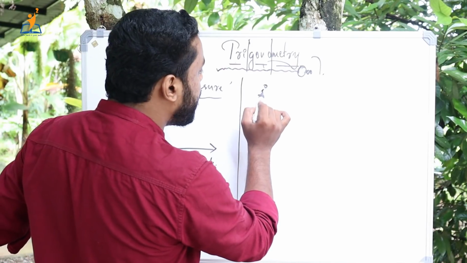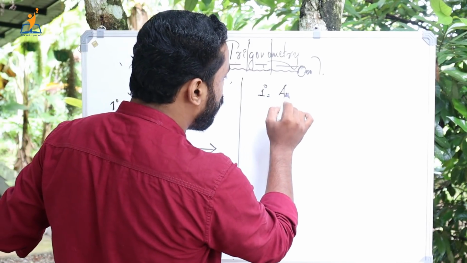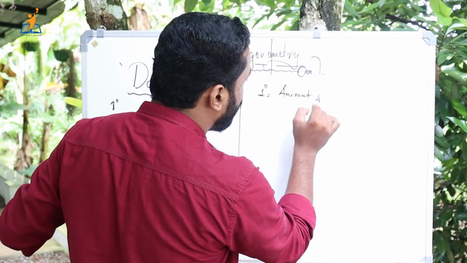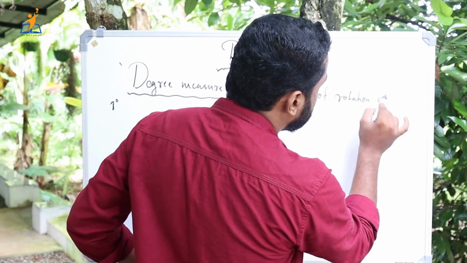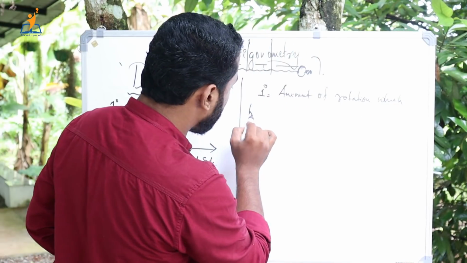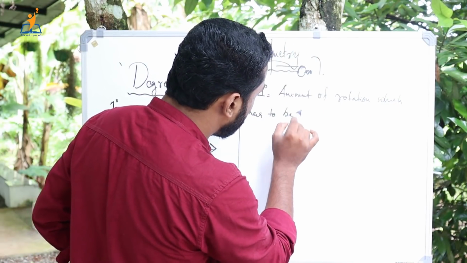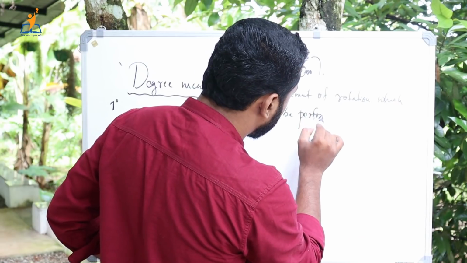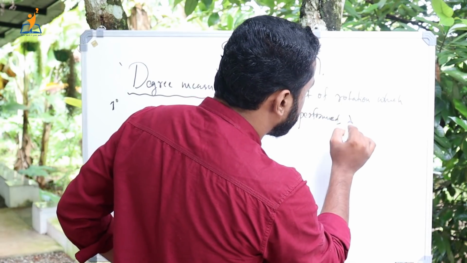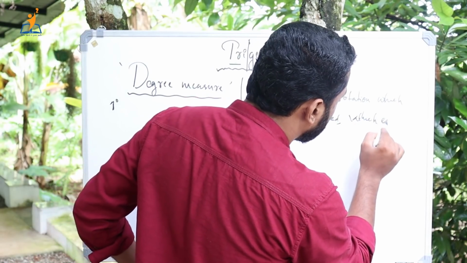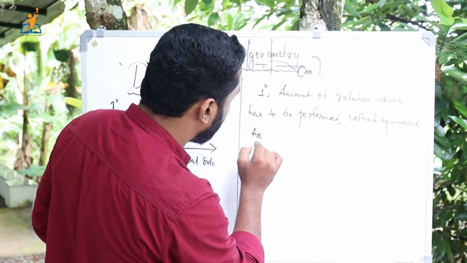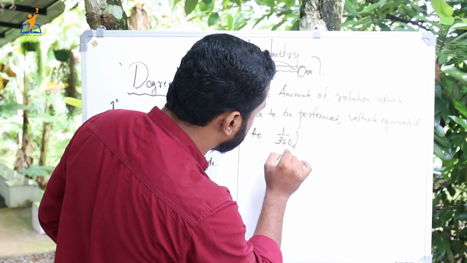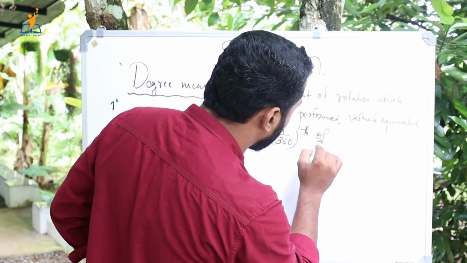So 1 degree can be defined as the amount of rotation which has to be performed, which is equivalent to 1/360th of a revolution.